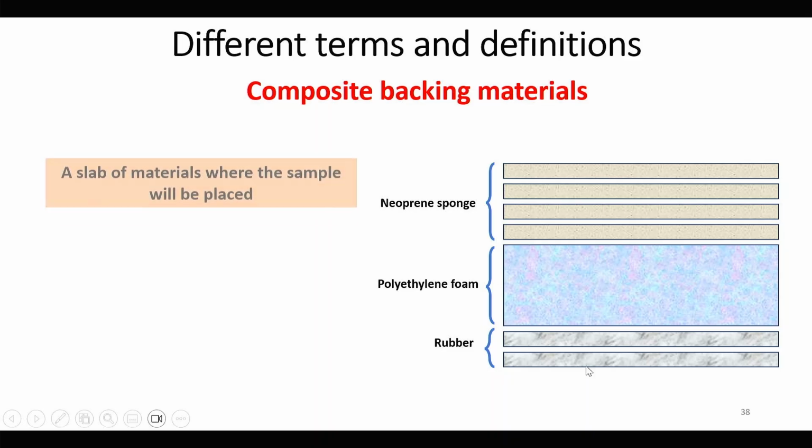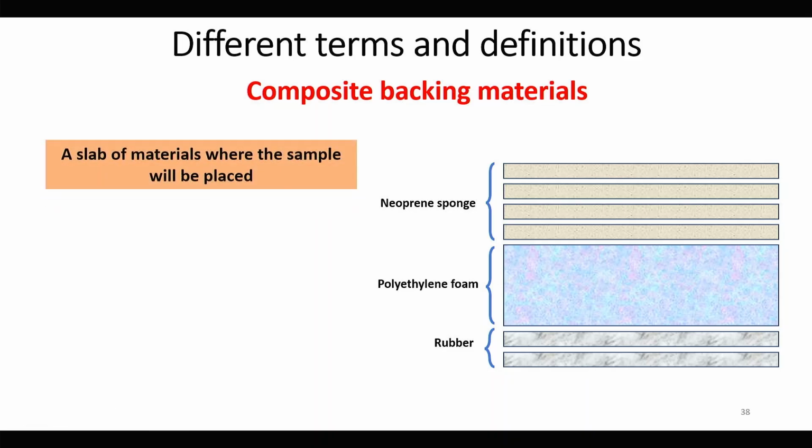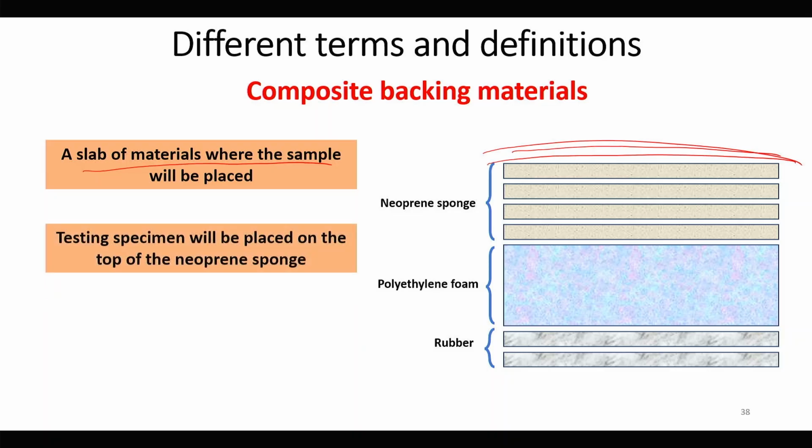Then you can see a slab of materials where the samples will be placed. Samples are placed over this backing material. The testing specimen will be placed on top of the neoprene sponge layer.